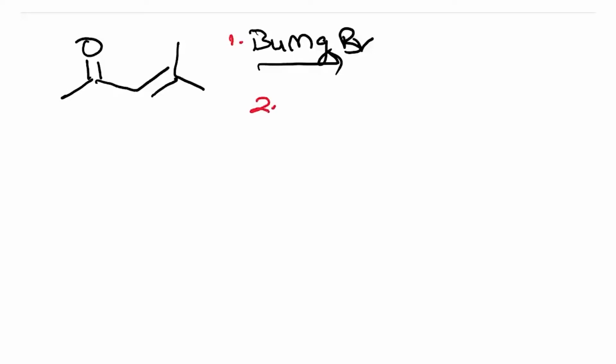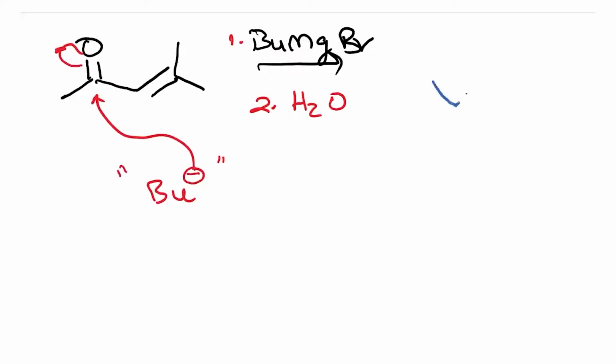The second step is addition of water. Again, a similar mechanism is proposed. Bu⁻ in principle attacks here and produces the addition product, and you would expect OH, Bu, and this double bond.